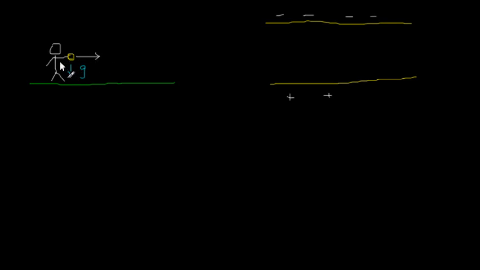I'm going to throw it forward at a certain speed. Let's call this ux. So the ball would fly outward, and it will fall along a curve, and then it will hit the ground.